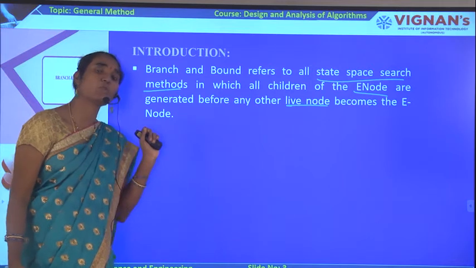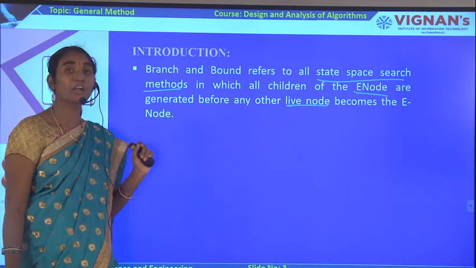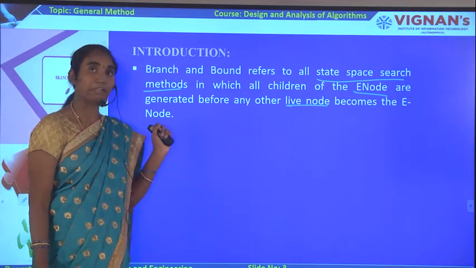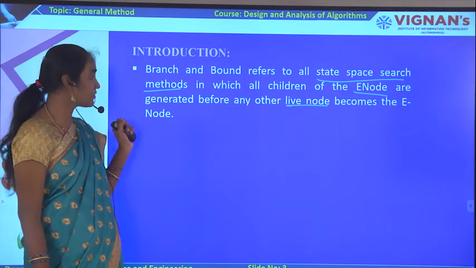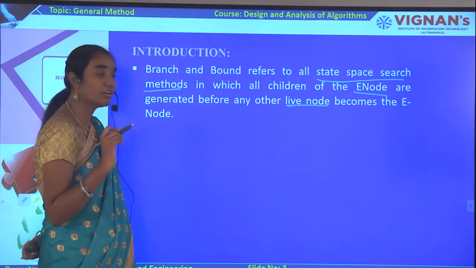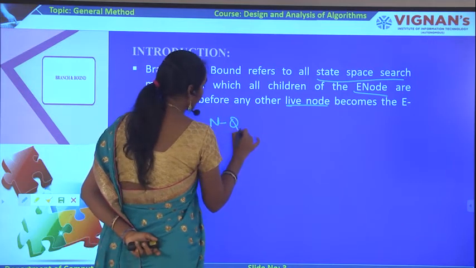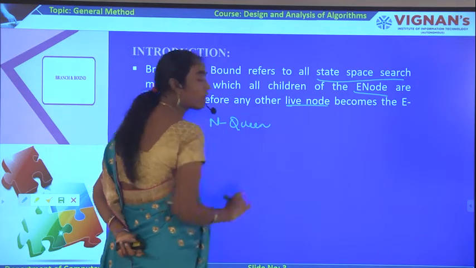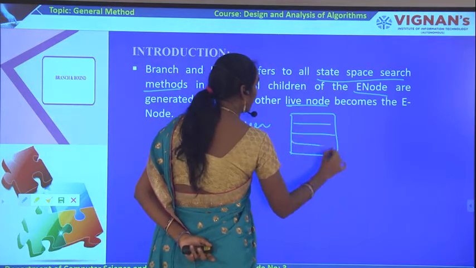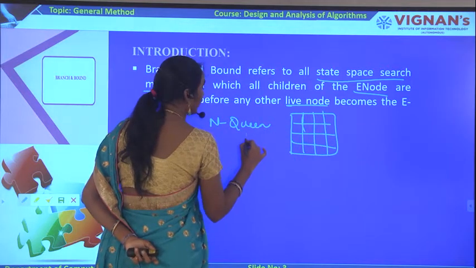If you want to search for the answer node or the solution node on a state space search tree, then we use this branch and bound technique. Whereas in backtracking, for example, let us consider the n-queen problem with n equal to 4.